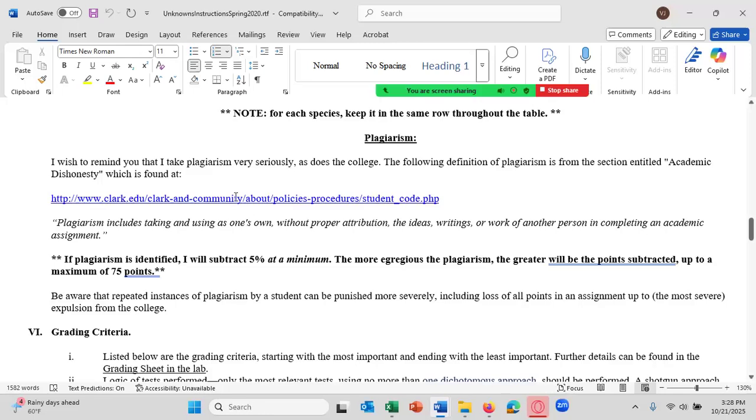Even if it's only a sentence, you should put it in quotes and say where you got it from in an in-text citation, and then give a formal reference for where you got it from. So your report will be checked for plagiarism. It will be checked for AI writing.